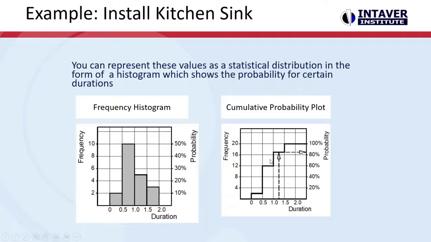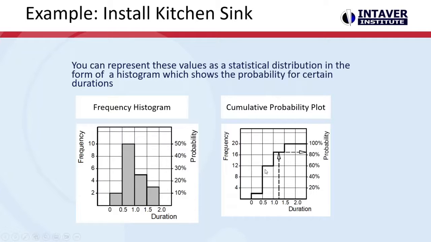Then we can also develop this cumulative probability. Cumulative probability is a very powerful tool for understanding what confidence levels we have. So I know that my confidence level is 80%: 80% of the time I'll be able to finish this activity in an hour and a half.